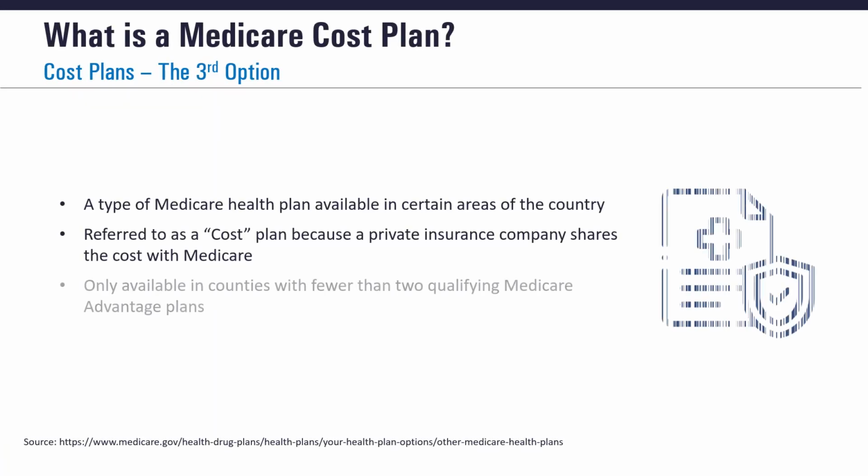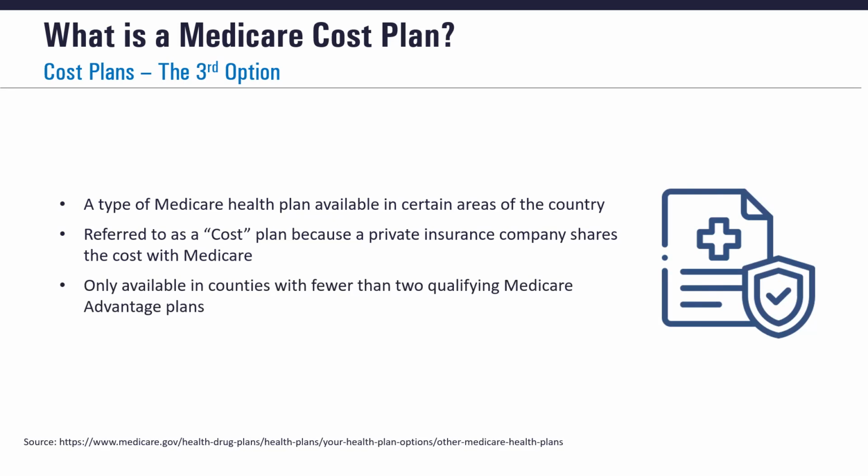What's the third option? The third option is the Medicare cost plan. Now, Medicare cost plans are only available in certain parts of the country and in select counties. They're referred to as cost plans because the cost of care is split between a private insurance carrier and Medicare.